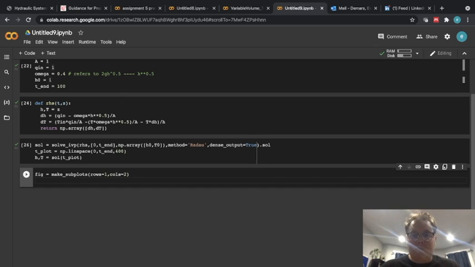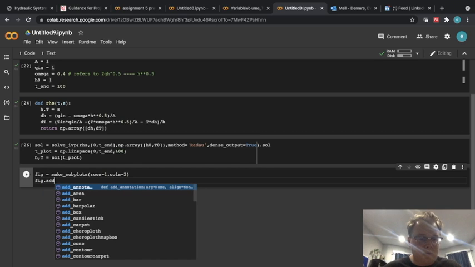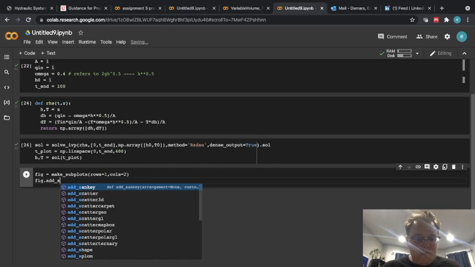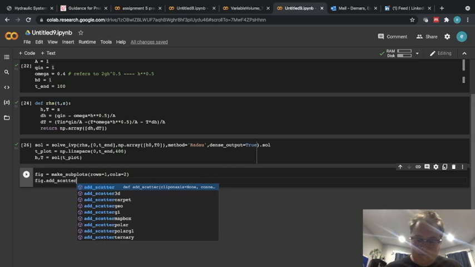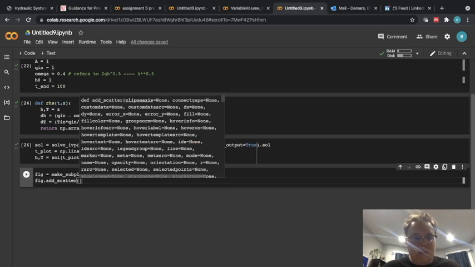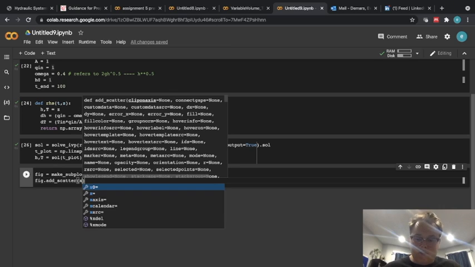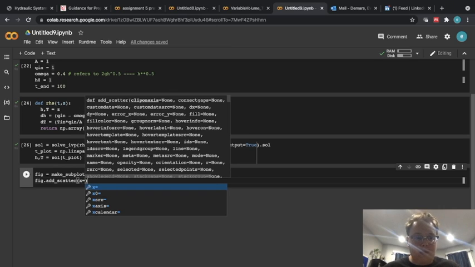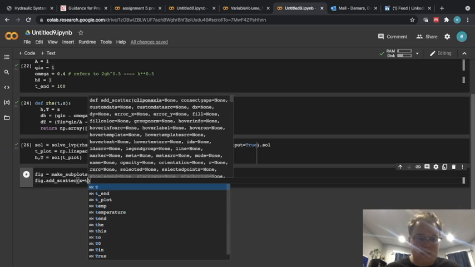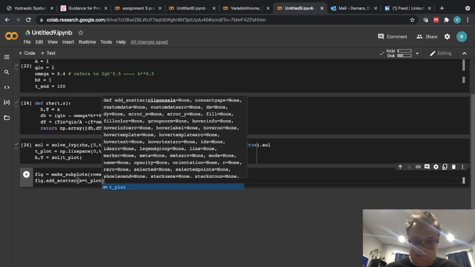And now I can set up my two figures of change in height and change in temperature. So fig.add, and I'm going to do a scatter plot. I'm going to have my x-axis and y-axis. So my x-axis is obviously going to be time, so my plotted time, which I said is t_plot.